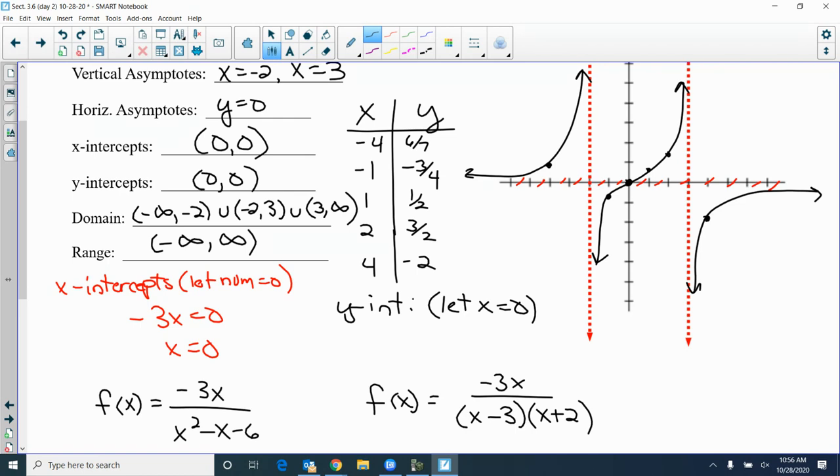All right, graph it back to see if you guys are right.